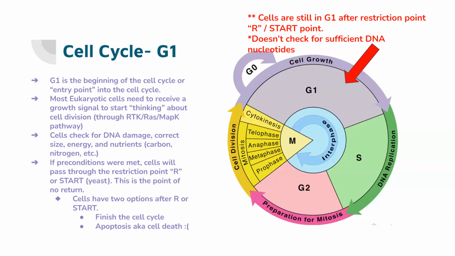and then it's time to get going. It is a very critical step, because if one little thing is off, we will learn moving on about different problems that can occur if the R checkpoint is passed prematurely. Laura also really likes asking questions about whether, if this happens, the cell would pass the R checkpoint, or what would happen if the cell passes the R checkpoint prematurely.